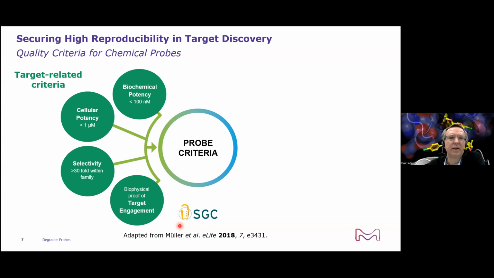One category is the target-related criteria side. So what level of potency would you want to see in a high-quality probe? And here it's especially important to highlight that the clear recommendation is to have cellular potency below 1 micromolar.